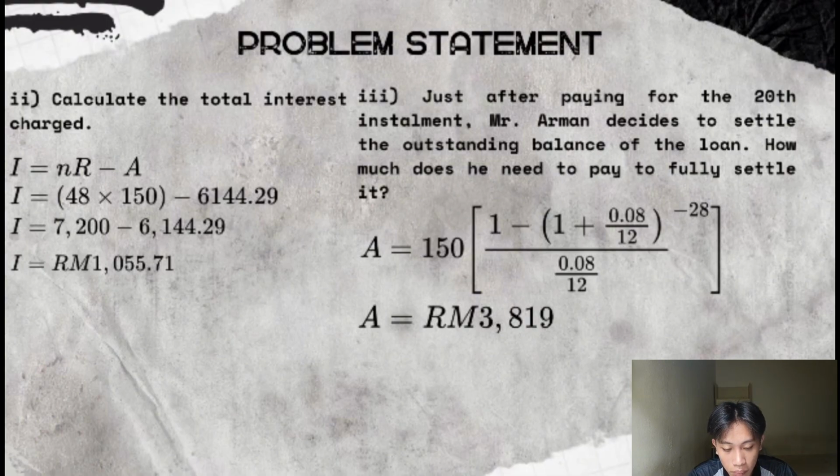A equals 150, open bracket 1 minus open bracket 1 plus 0.08 per 12 close bracket to the power of minus 28, over 0.08 per 12 close bracket. So by using shift solve, you will get RM3,819.